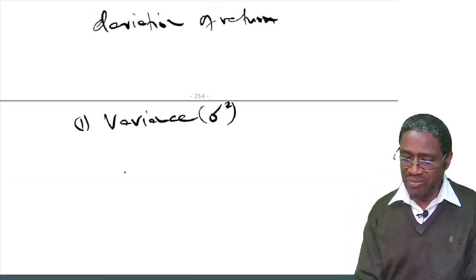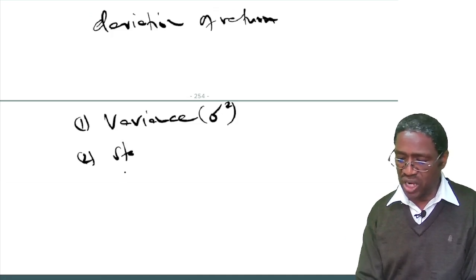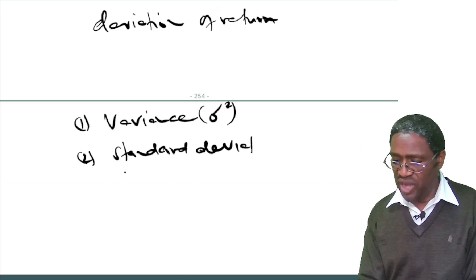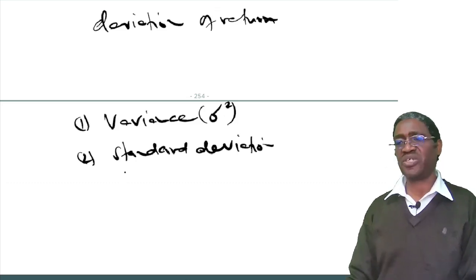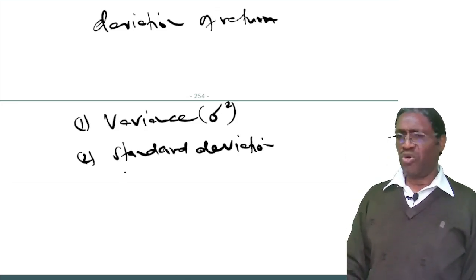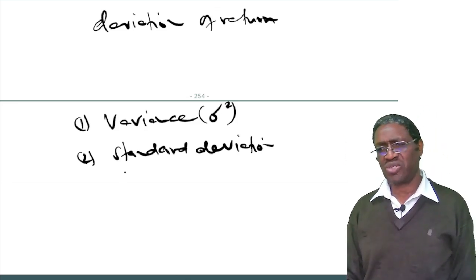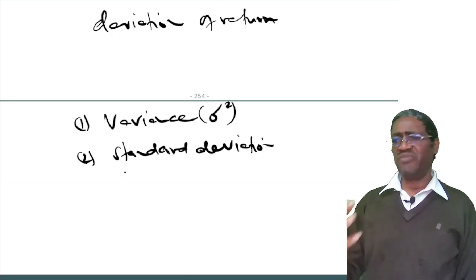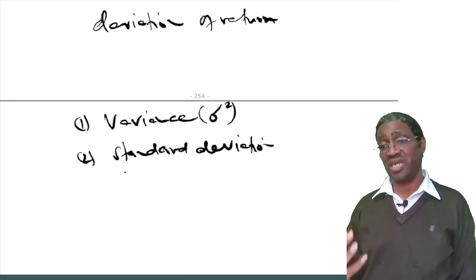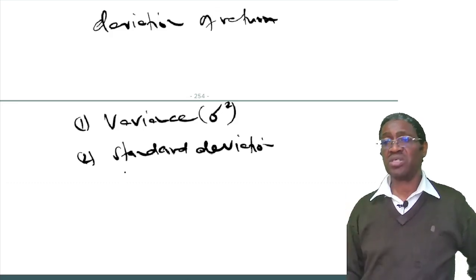The second measure of risk is you can calculate what we call the standard deviation of that investment. I hope you still remember your mathematics, where standard deviation is normally the square root of the variance.